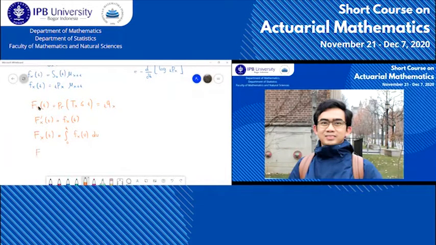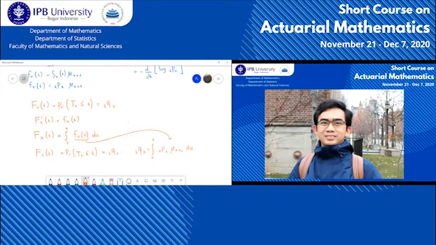So tqx is equal to the integral from 0 to t. We can use the expression of f sub x of u as upx times mu x plus u du.